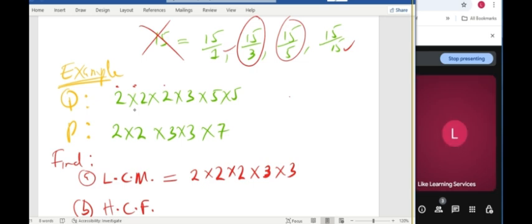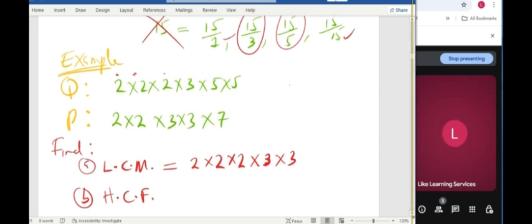No, sorry, wait. Okay, times 5, and then times 7.